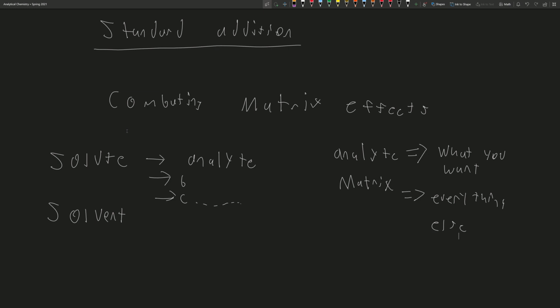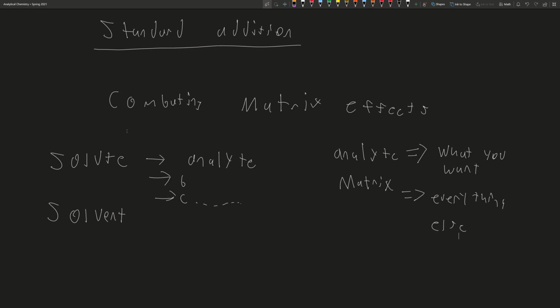However, if we use a method known as HPLC, which we'll be using this week, we will be able to separate that colorant from the rest of the solution. So we could actually separate the analyte from the matrix, and as a result, we won't necessarily have to worry about matrix effects. However, this is not always the case.